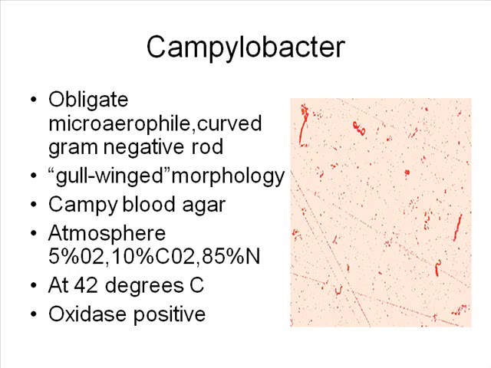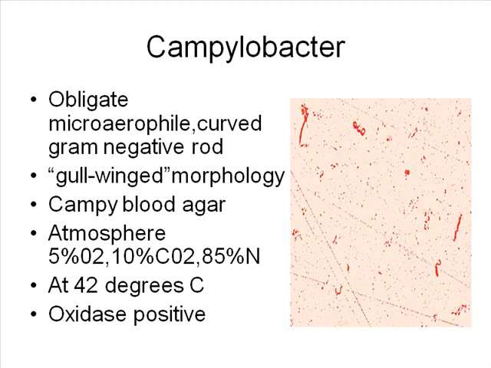Their normal body temperature is 42 degrees, so you want to incubate Campylobacter at high nitrogen, high temperature in order to isolate it better. Now remember, it can grow at 35 degrees, but you're using this temperature to isolate it from, say, fecal material.